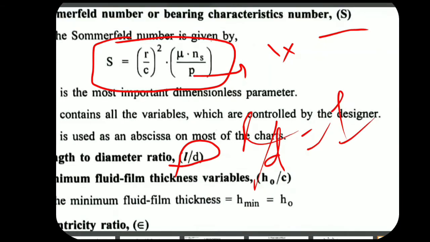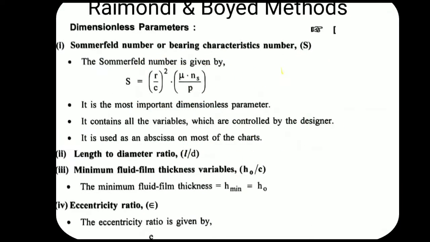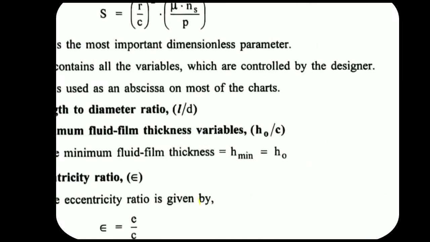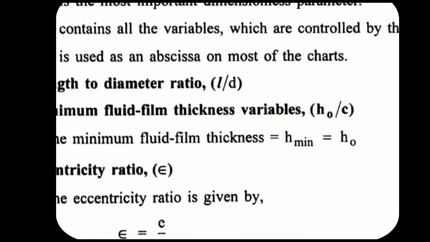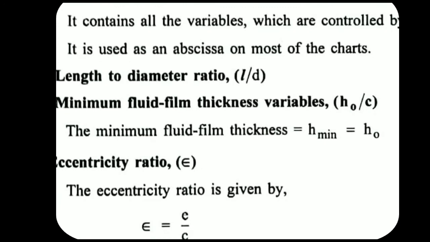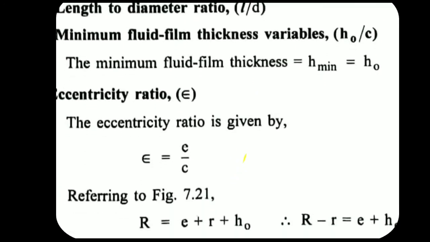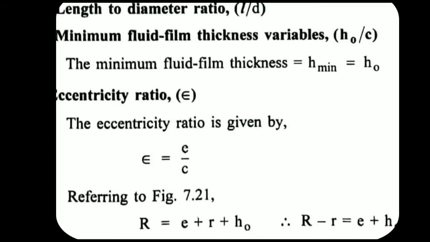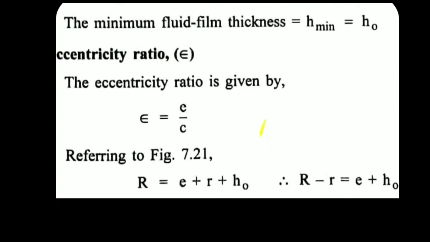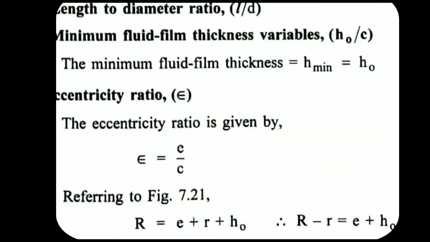The next parameter is the minimum oil thickness with respect to clearance. The eccentricity ratio, epsilon, is E by C, eccentricity with respect to C, and this equation we have derived. Capital R is equal to, from the nomenclature, E plus r plus h0.